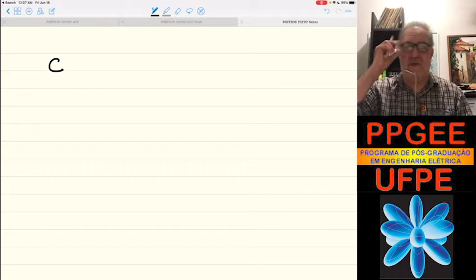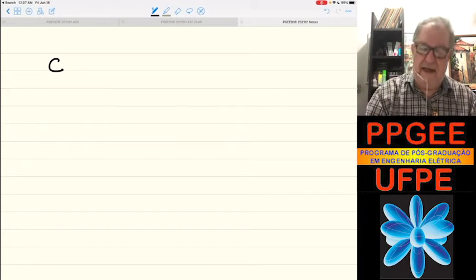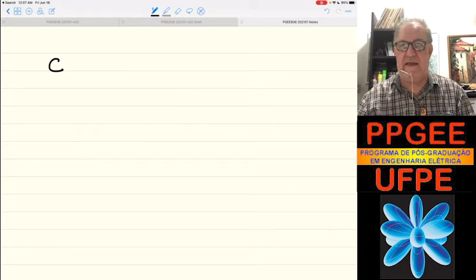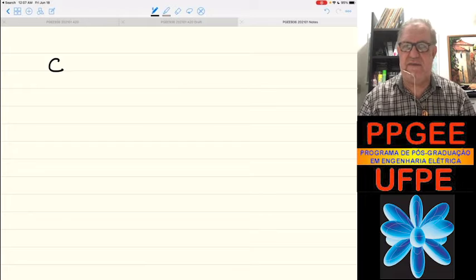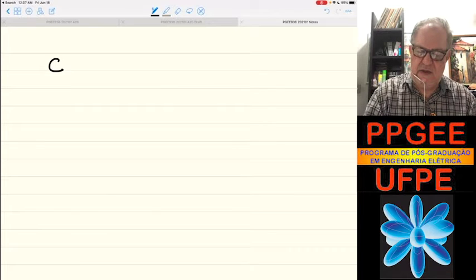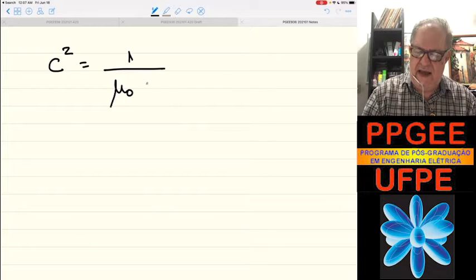That's a fundamental quantity which is called the velocity of light in vacuum, because the permittivity is mu 0 and epsilon 0. So c squared is equal to 1 over mu 0 epsilon 0.